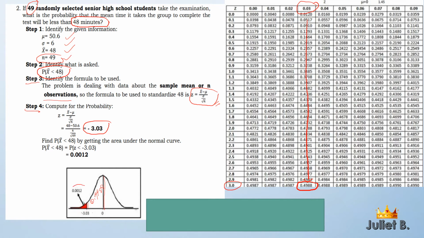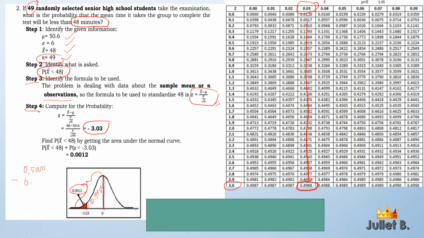So, nakikita nyo, merong 0.0012. Yan ay galing sa subtracting 0.4988 from 0.5000. Since we know that half of the normal curve is 0.5000.